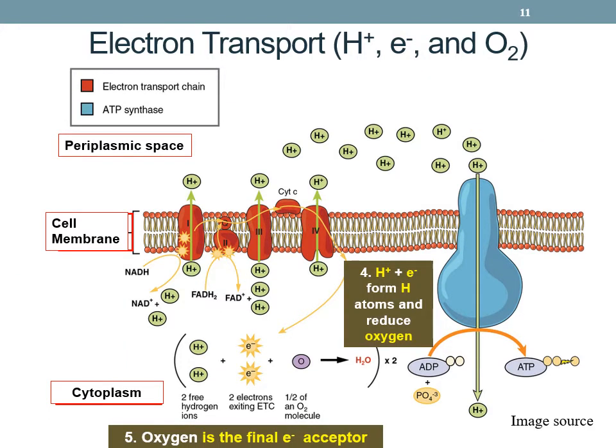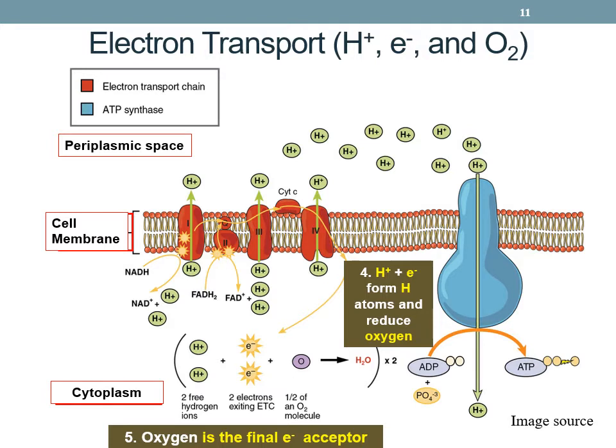The electron then re-enters the cytoplasm at that point and recombines with a proton to form a complete hydrogen atom again. Two hydrogen atoms then bond to oxygen and form water.